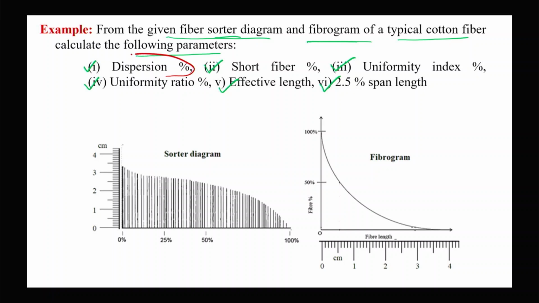Dispersion is the parameter which we will get from the shorter diagram. Short fiber percent we can get from the shorter diagram. Effective length we can get from the shorter diagram.